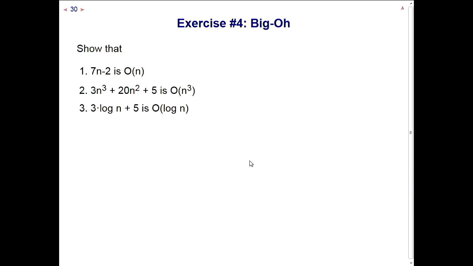A few exercises where we can look at applying that mathematical definition. If you want to show that this function 7n minus 2 is a linear function, what constant c and what constant n0 could you use?